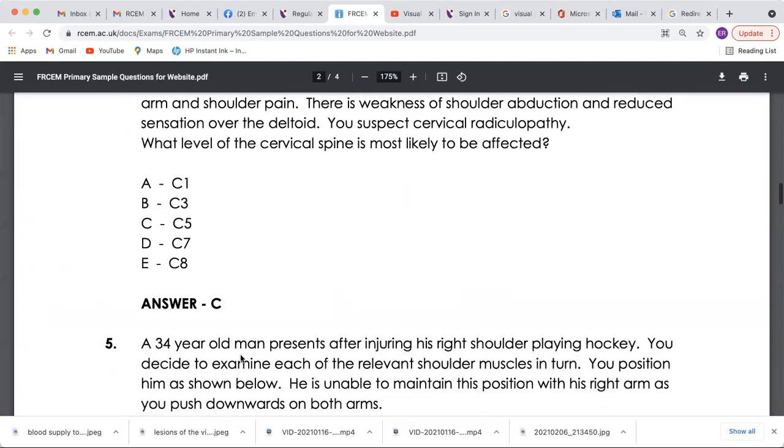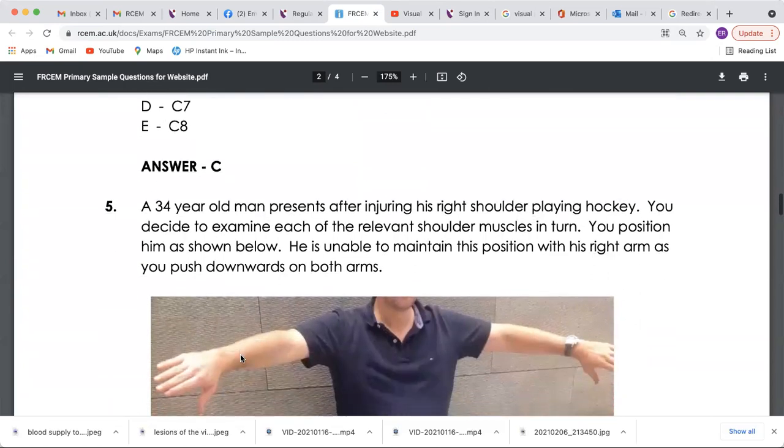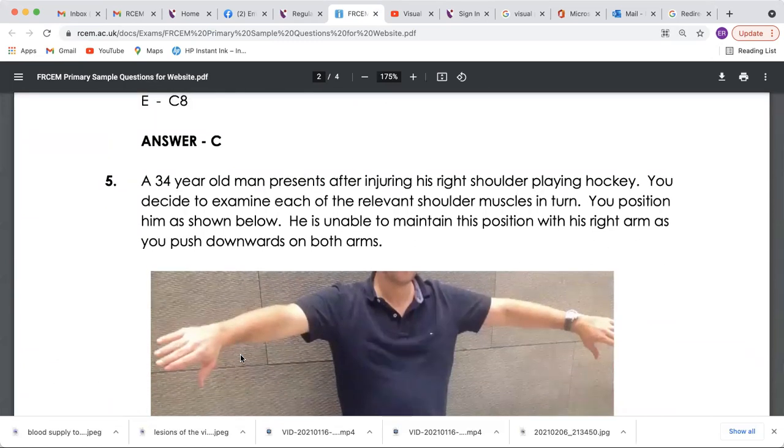Next question is, right, there's an image down there. A 34-year-old man presents after injuring his right shoulder playing hockey. You decide to examine each of the relevant shoulder muscles in turn. You position him as shown below.